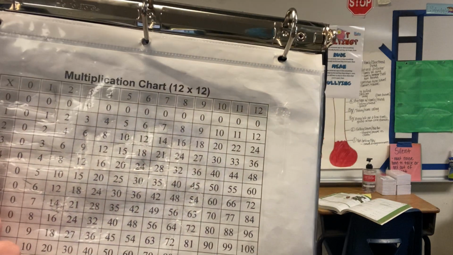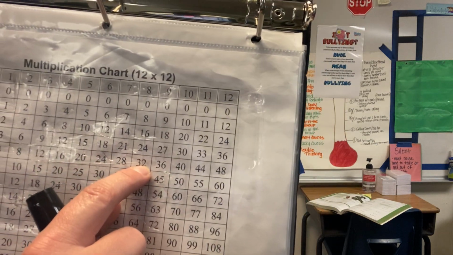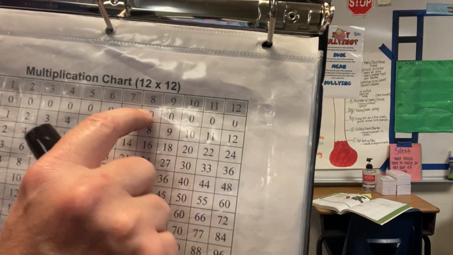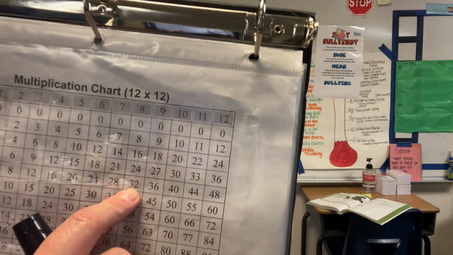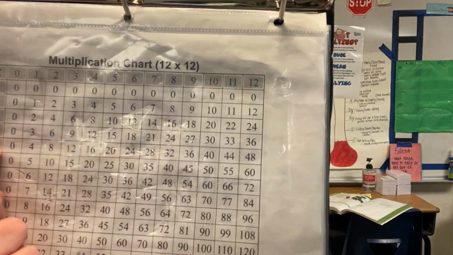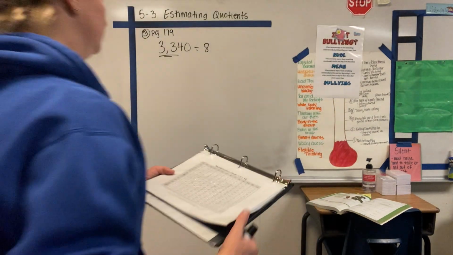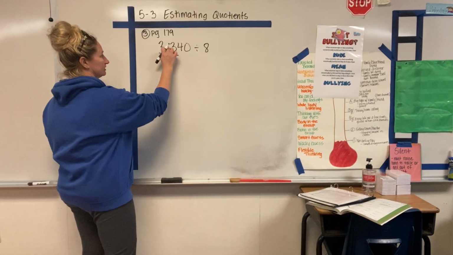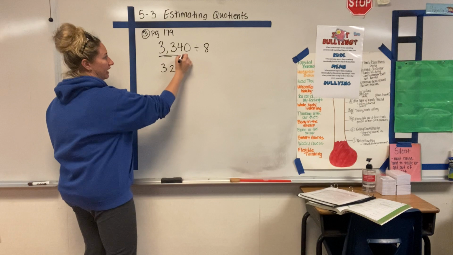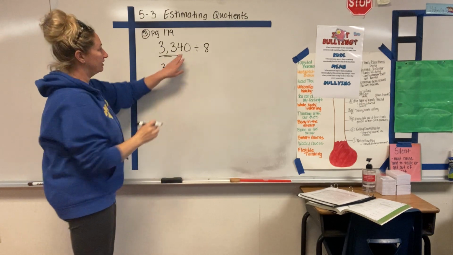So that's how many times 8 goes into 32. You don't count the 0. There's 8, 16, 24, 32. That's 4.